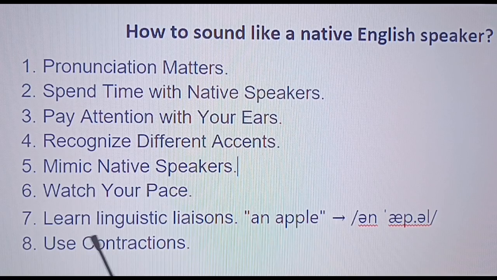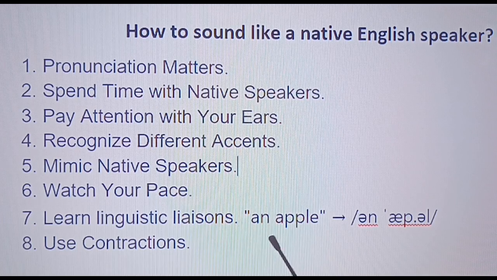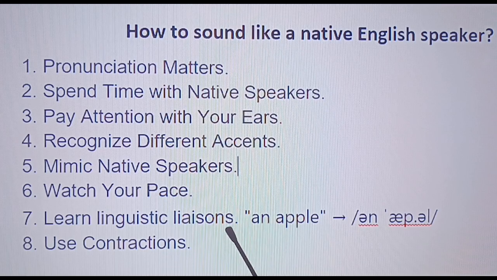Well, number seven, learn linguistic liaisons. By liaisons, I mean try to link one word to the other word, because normally we don't speak like a robot and we do not sound like a robot. That would be computerized speech, right? We are human beings and we are dynamic creatures and we normally go up and down when we speak, right? And this is usually happening with spoken language.